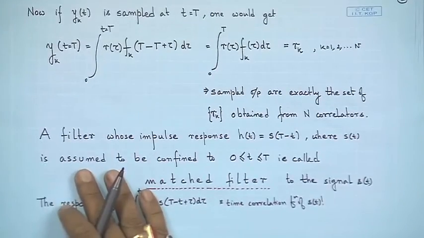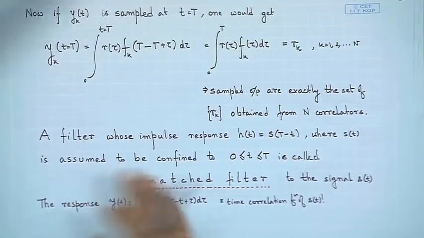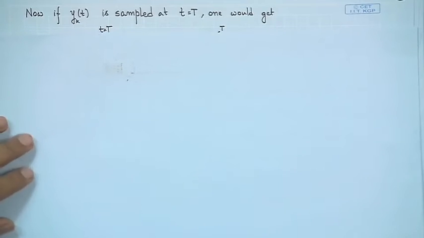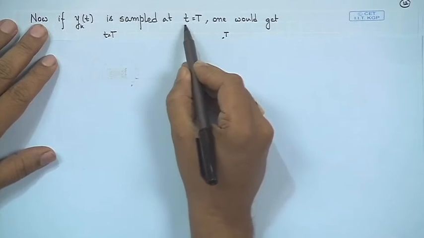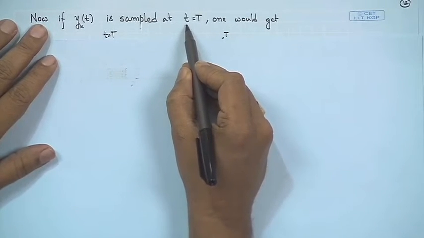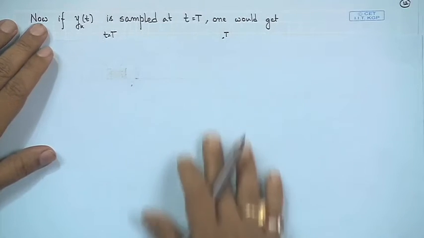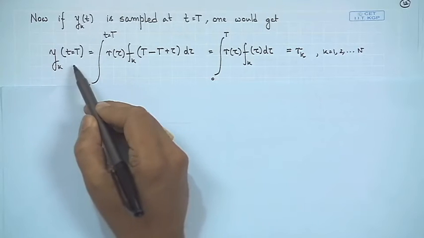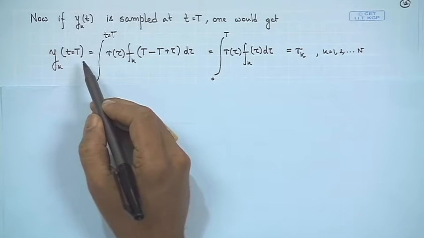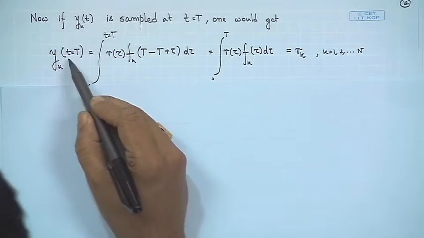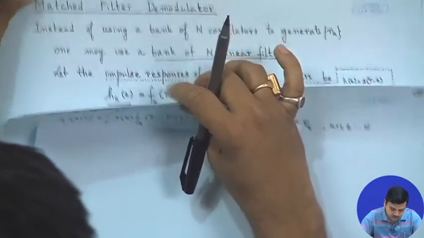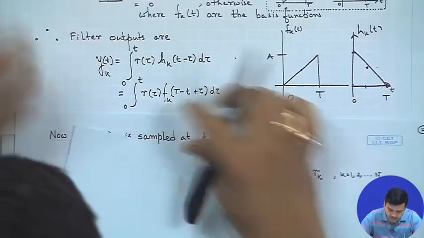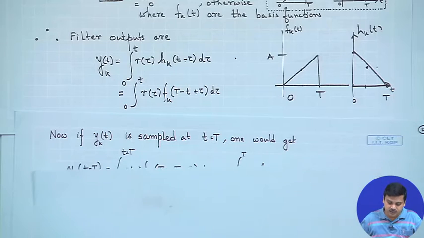So, now if you sample yk of t at t equal to capital T, because at the correlator receiver, you remember we had talked about sampling it at small t equal to capital T, the expression you would get would be something like this, that is yk. We will use this expression that we had seen before.